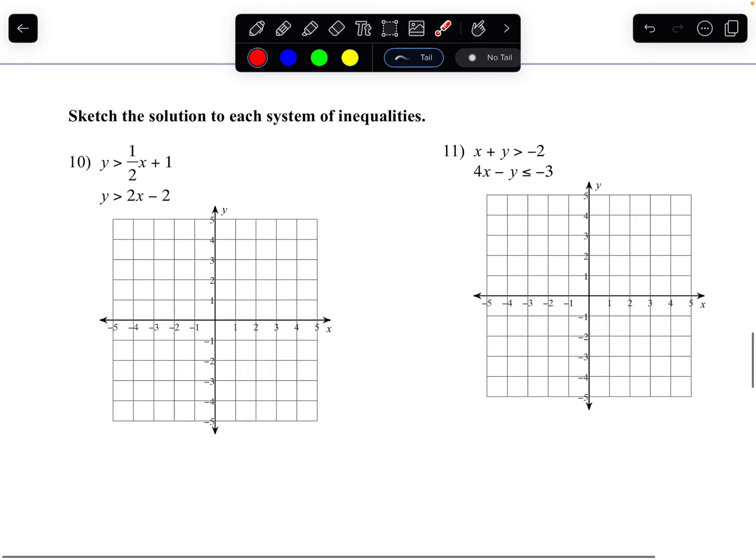Let's see. We're going to graph these functions and then graph the inequalities. Notice that these are greater than, so I'm going to graph them with dashed lines. This has a y-intercept of 1 and a slope of 1/2.